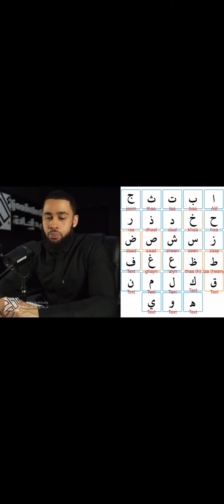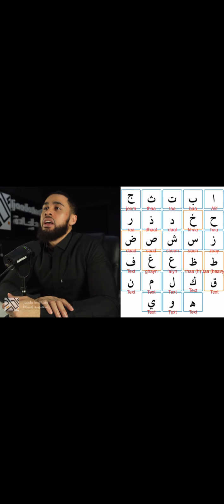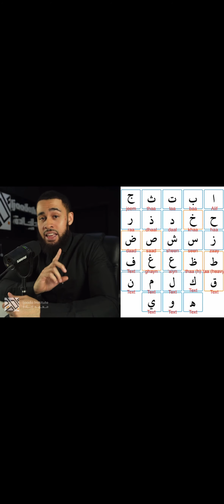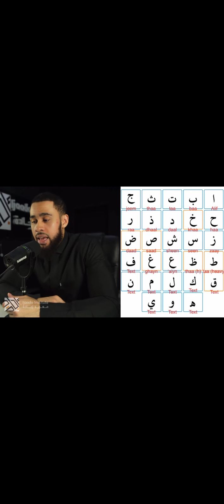What helped me to learn ghain is like when you're gargling mouthwash. That is where the muscle is. It's the upper part of the throat, and it's like a gargling sound.